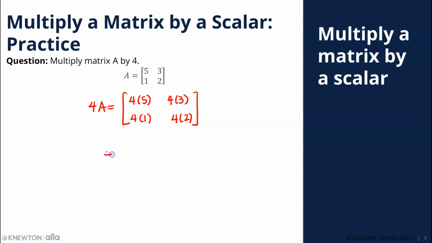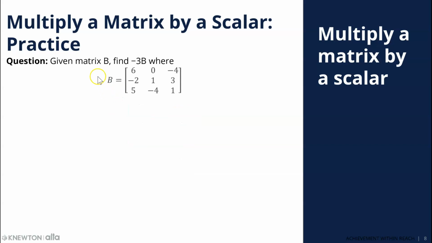Simplifying this, we have 20, 12, 4, and 8. This would be your matrix 4A. Next example. Given matrix B, find negative 3B, where B is given by the matrix here.